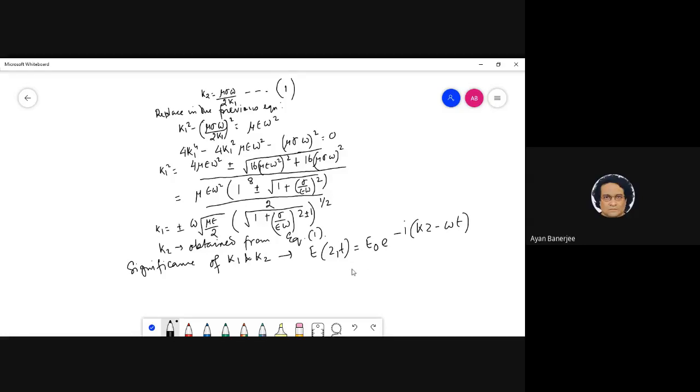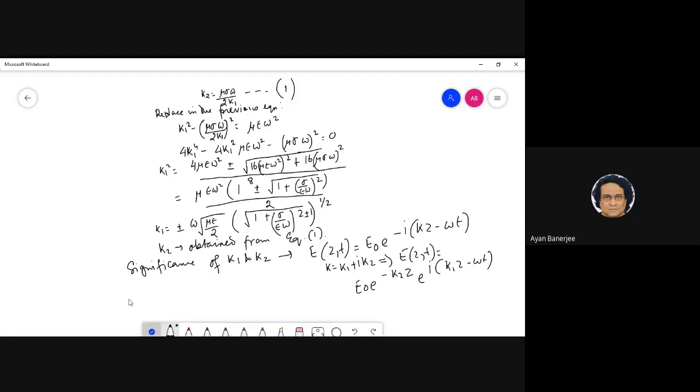So we have K equal to K1 plus i K2, which essentially means that E(z,t) is E0 e to the minus K2 z and e to the i (K1 z minus omega t). Okay.